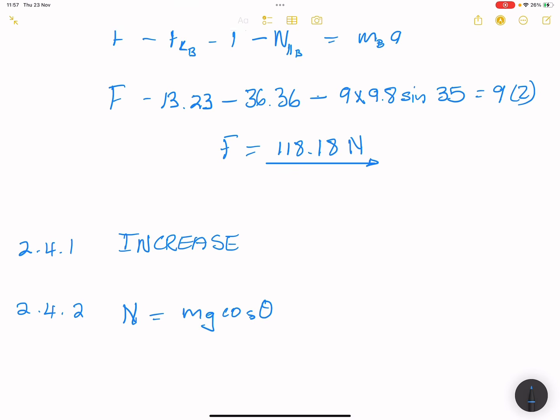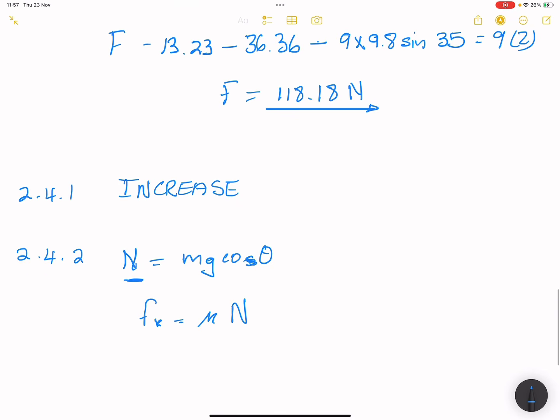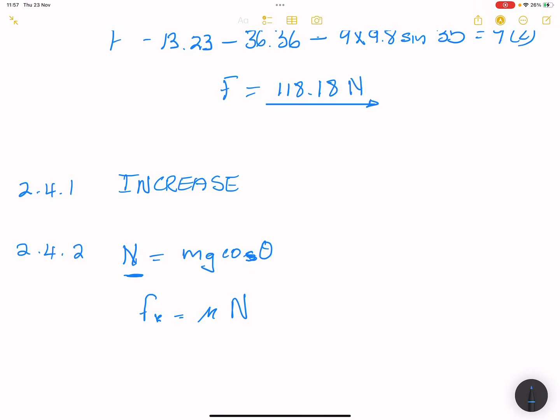A decrease in the angle would actually increase the normal force. And we know that friction is coefficient multiplied by the normal force. So that means that normal force is directly proportional to frictional force. An increase in the normal force will increase the frictional force.